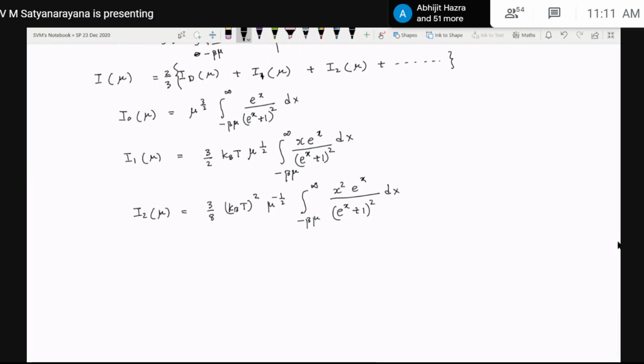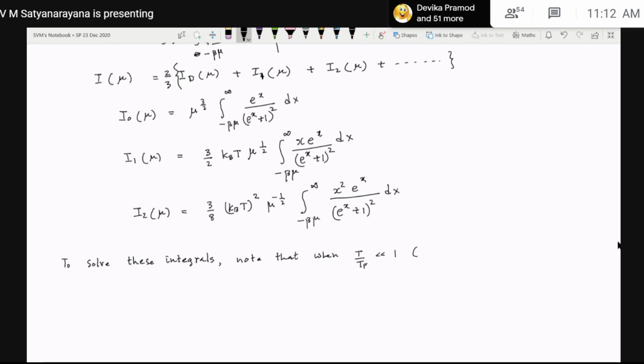The approximation that we will make here, to solve these integrals, note that when T by TF is much less than 1.